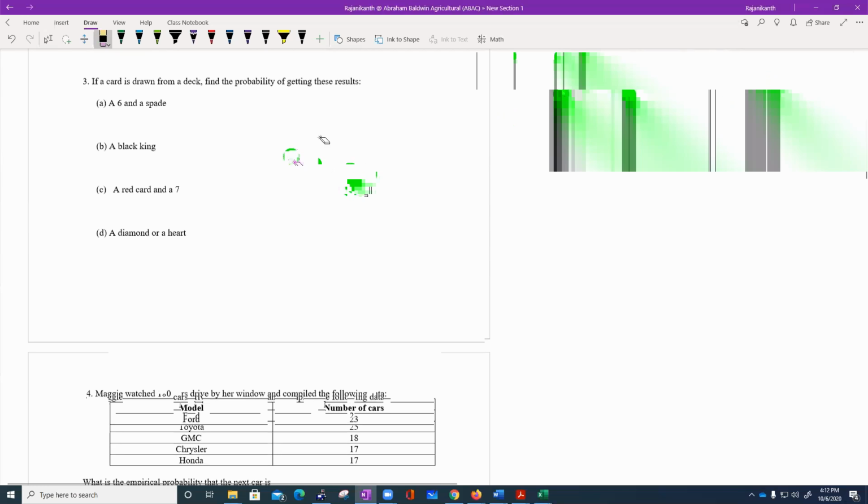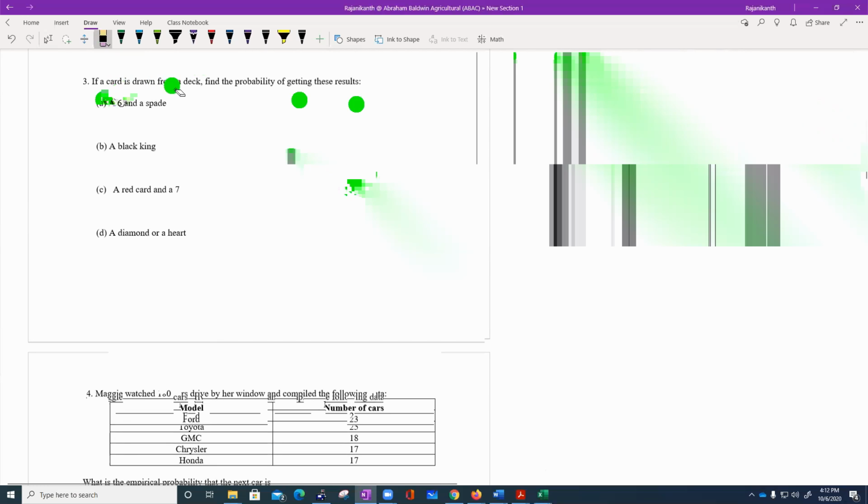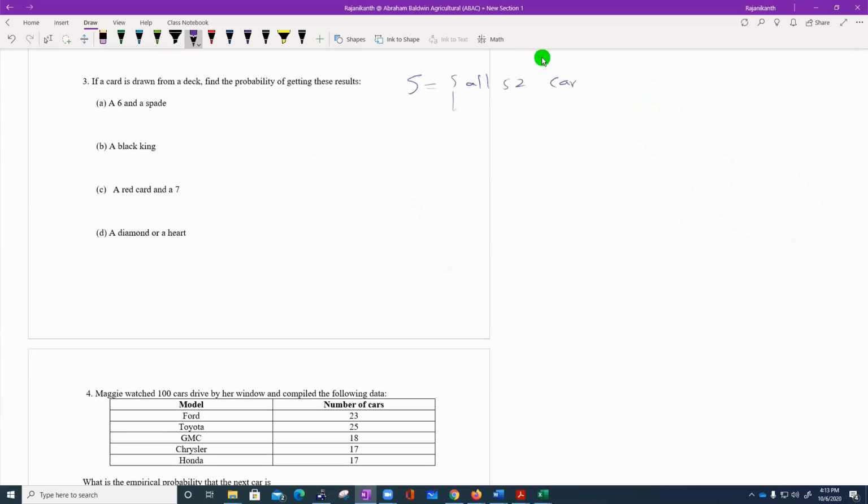To do number 3, a card is drawn from a deck of cards. So the sample space here is going to be all the 52 cards from the card pack. Remember, there are 4 suits in the card pack. So you may have spades, there are 13 of them.